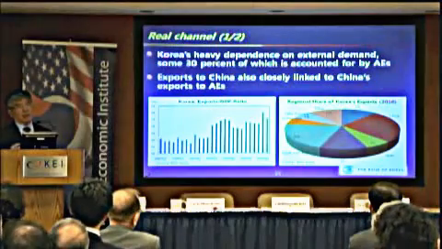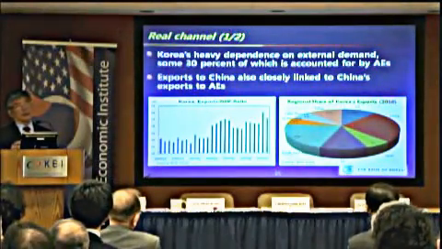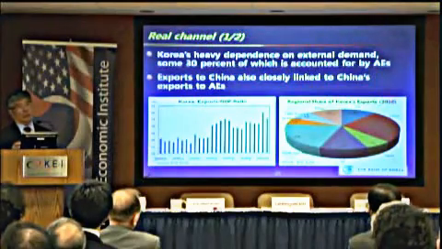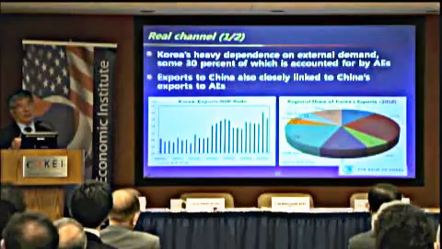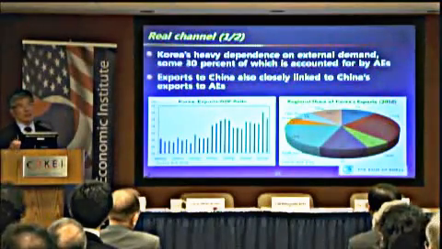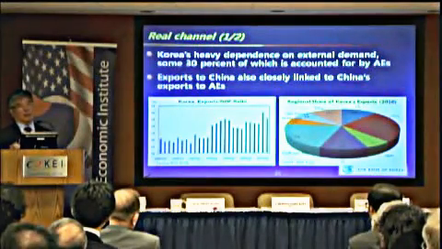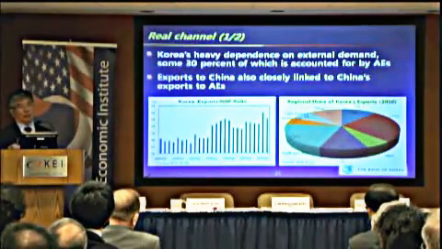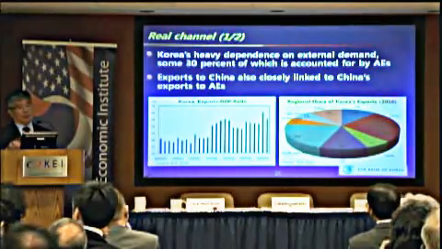Another rather complicated issue is that although China is our number one trading partner, the final destination of our exports to China is not China. Nearly half of them are exported to a third country as a joint product between Korea and China. So this complicates the whole analysis.